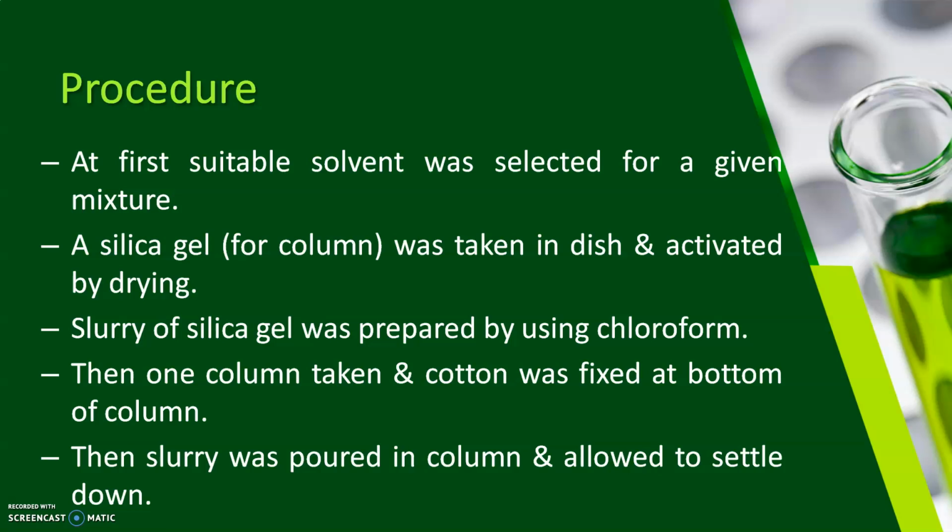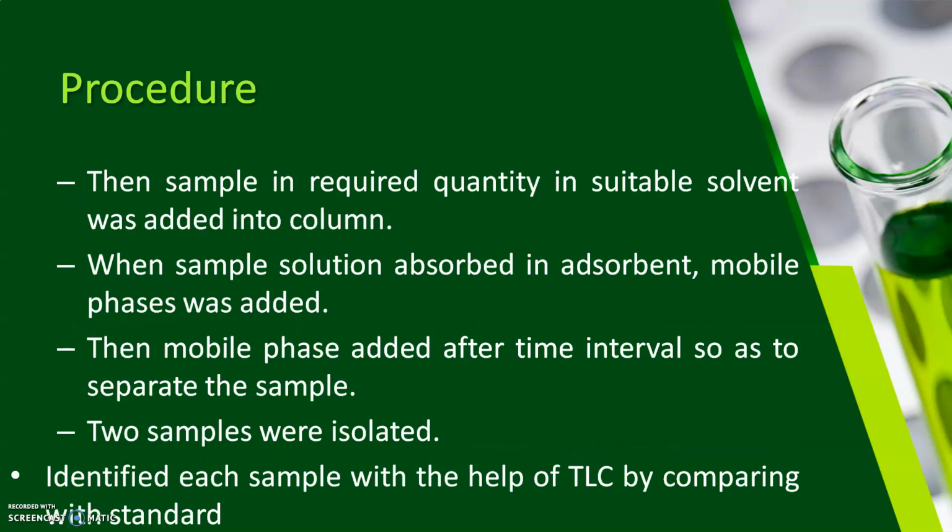Now take one column, and cotton was fixed at the bottom of the column. If it does not have a filter at the bottom, we can use cotton and fix it at the bottom. Then the slurry was poured into the column and allowed to settle down, so it becomes packed properly.